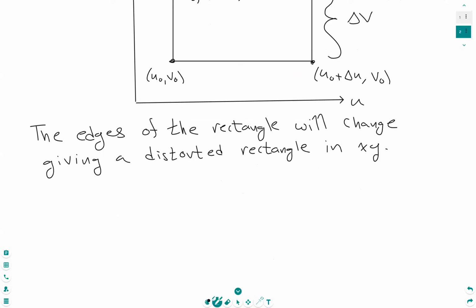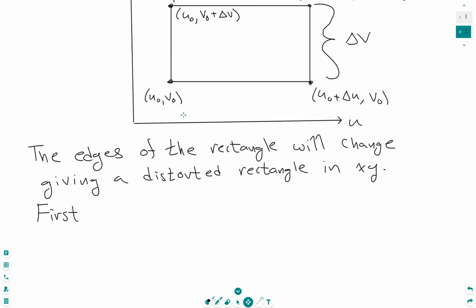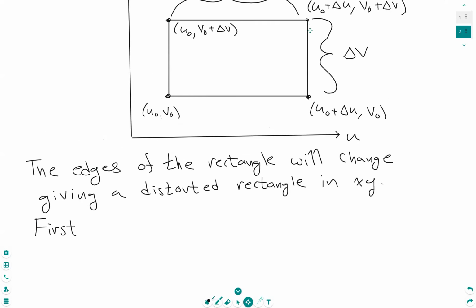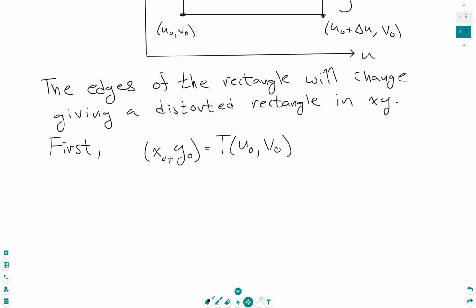So first, we have to notice that these points still need to be connected in some fashion. Right? So let's look at each of these points. First, the point x0, y0 is when we translate u0, v0. So if my x, y coordinates get transformed in this way, maybe I can write a vector.